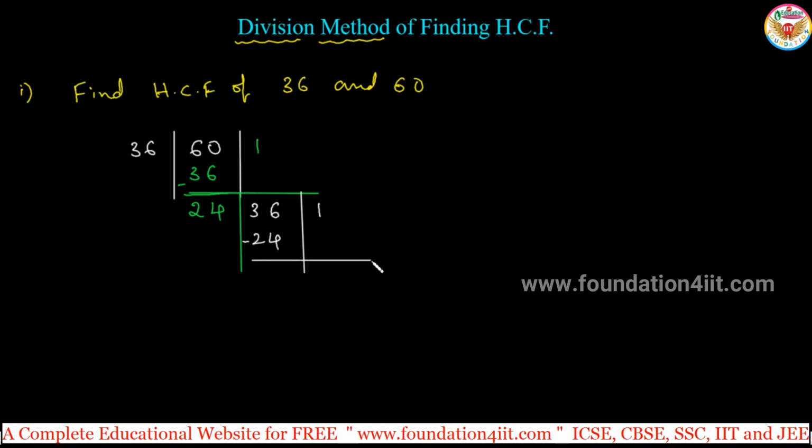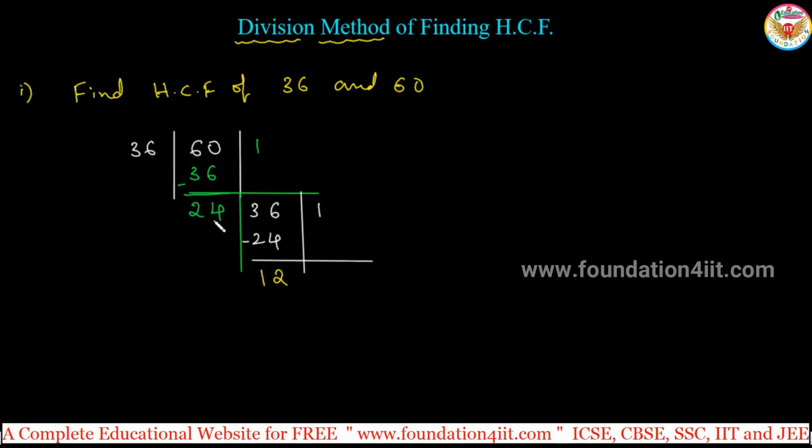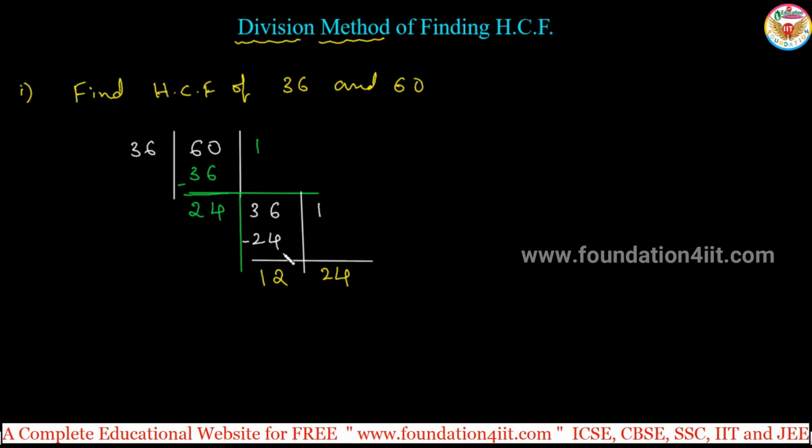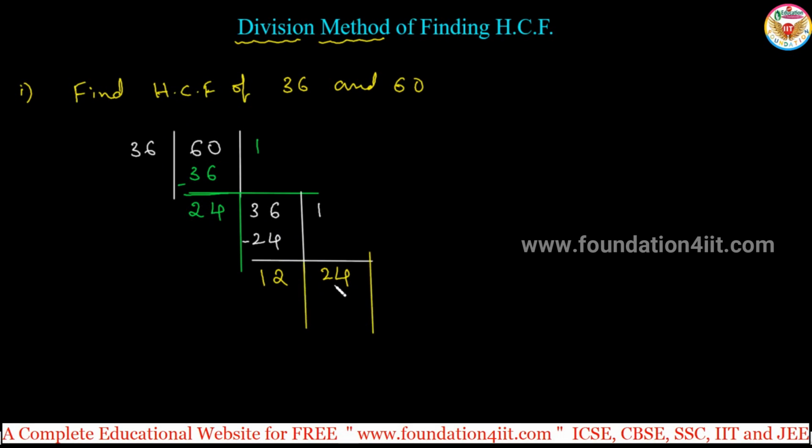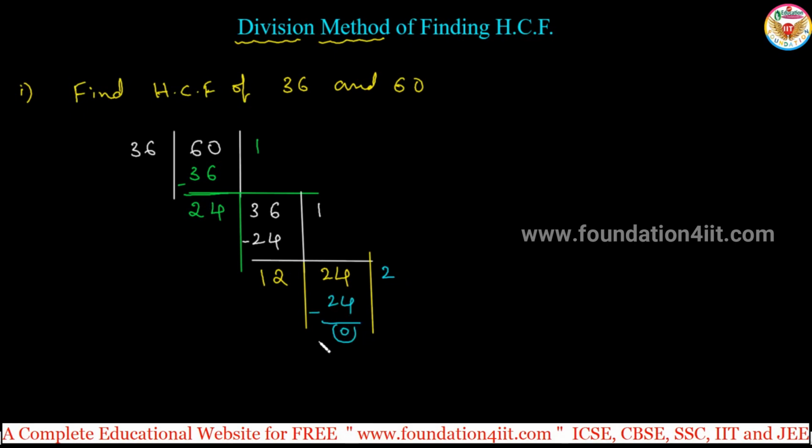Now 36 minus 24 is 12. Next, in this division 24 is the divisor, so the divisor becomes the dividend here. Now again, 12 into 24 is 12 times 2, 24. The remainder is 0. Until you get 0, you have to continue this step.